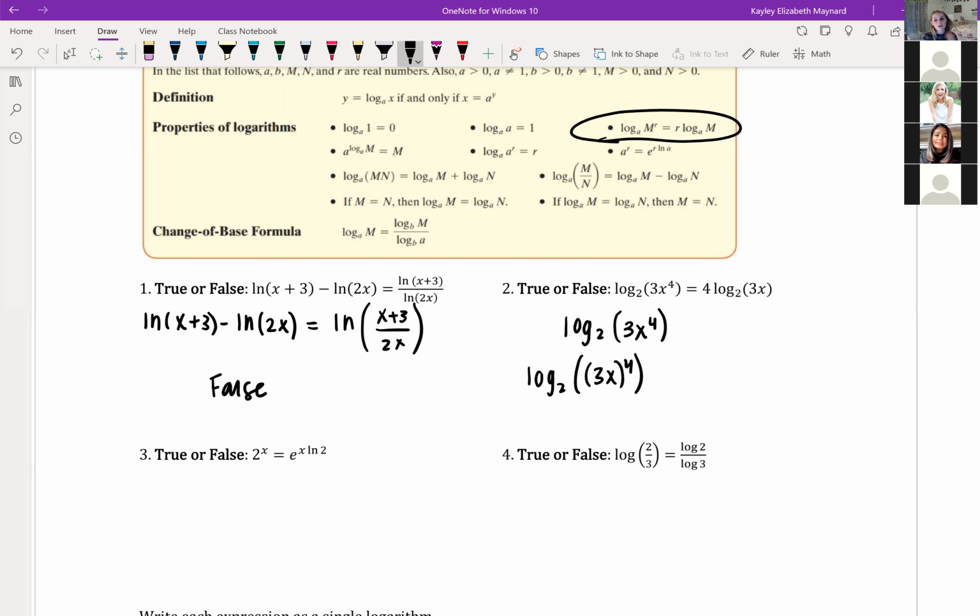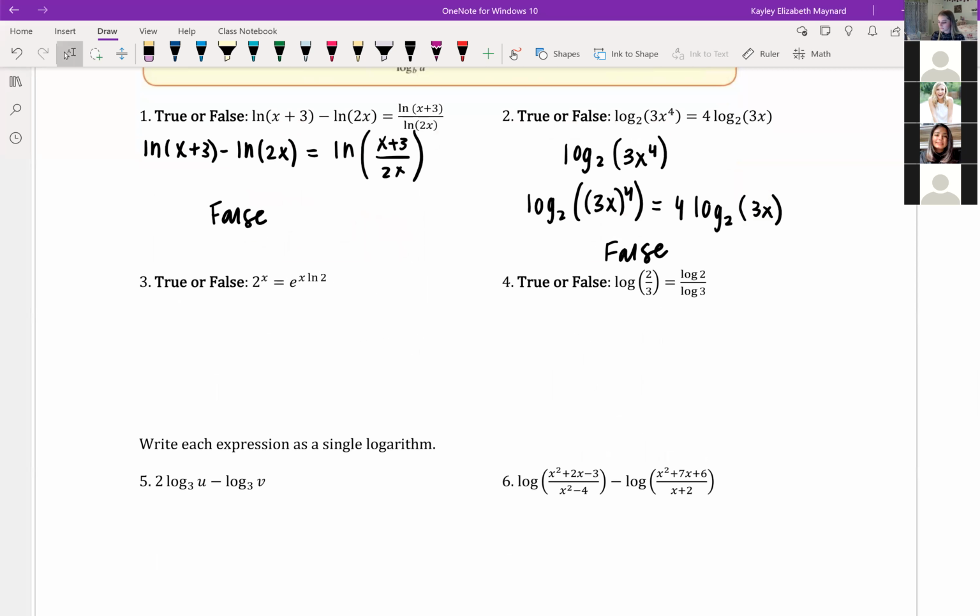If the whole entire thing in the parentheses was raised to the 4th power, then we would be able to move that out. So that would be equivalent to 4 times log base 2 of 3x. But the issue is that in the problem that we're given, the exponent of 4 is only on the x. It's not actually on the 3. So this one's false as well. Does anyone have any questions on why that one's false?